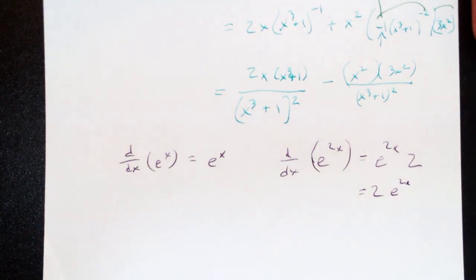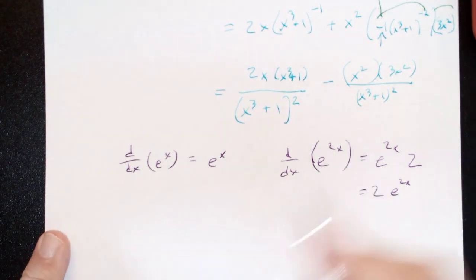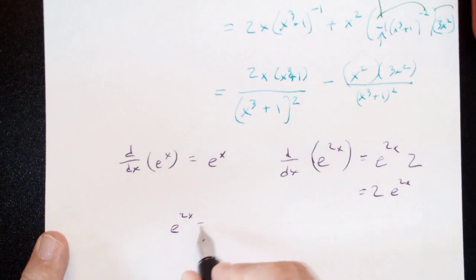Why? If I write it that way, then it'd be e to the x. But I'd first have to do the derivative of x squared, right? What's the derivative of ugly stuff squared? Gives me the same result. Because I multiplied powers here, I can think of e to the 2x as e to the x squared.